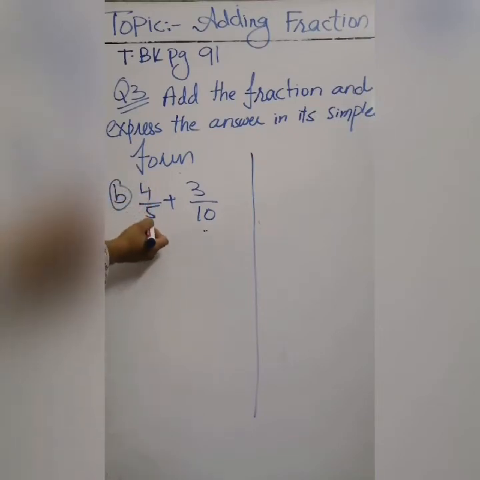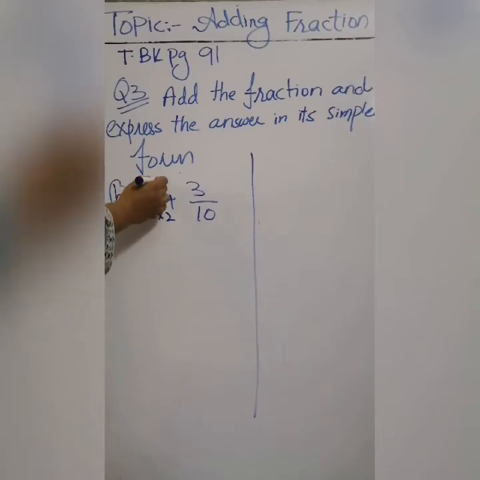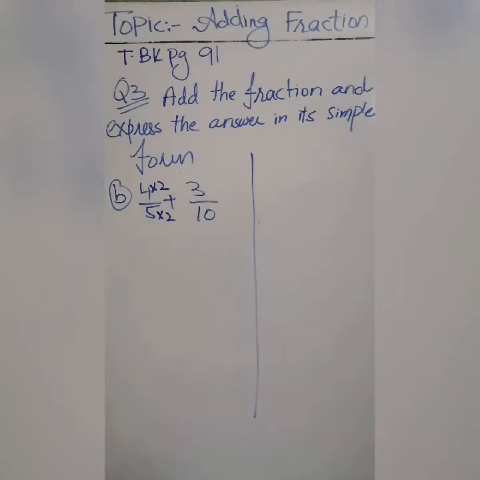We make 5 into 10 by multiplying it by 2. 5 2 times 10. Now we have the same denominators. The rule is, if we multiply the denominator by any number, we multiply the numerator by the same number.